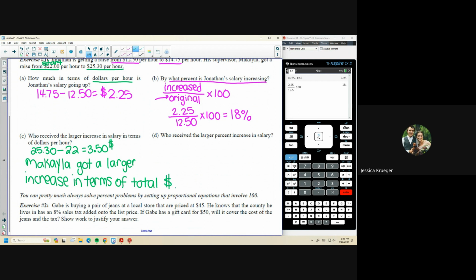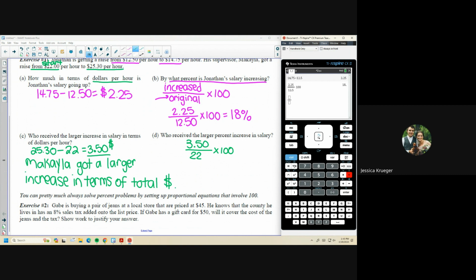But we have to be careful because they weren't both earning the same amount. Michaela was earning more to start with. So if I want to figure out who received the larger percent increase, I'm going to take the difference in Michaela's earnings, which was $3.50. I'm going to divide it by where she started, the original, which was 22, and then multiply by 100.